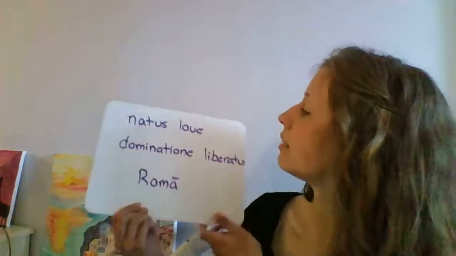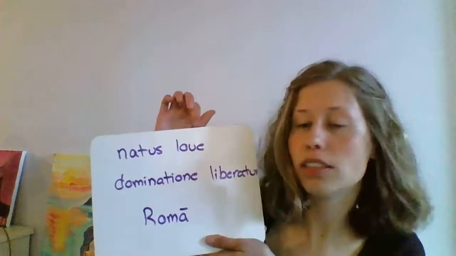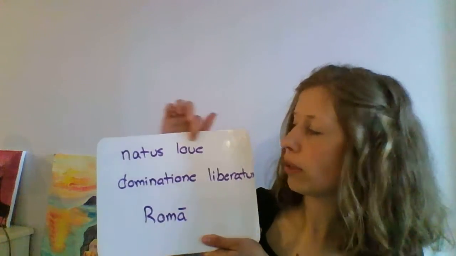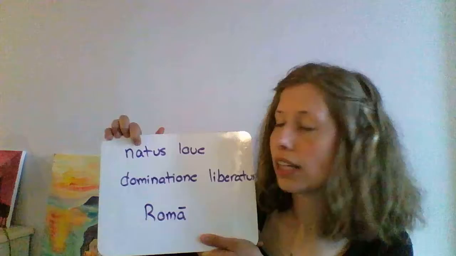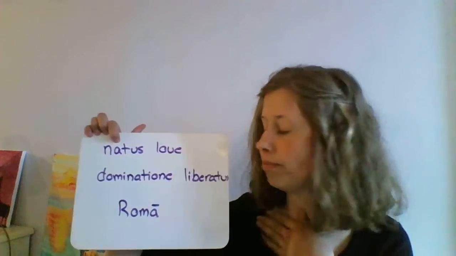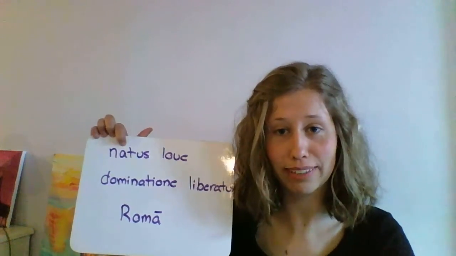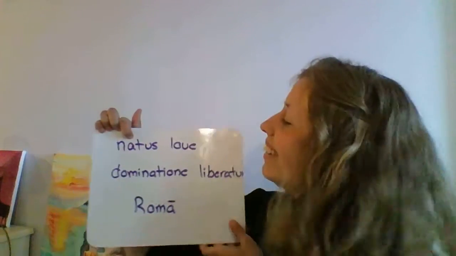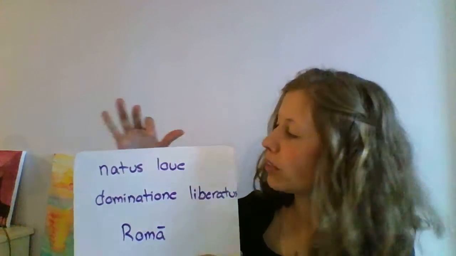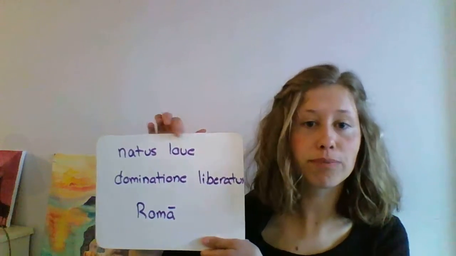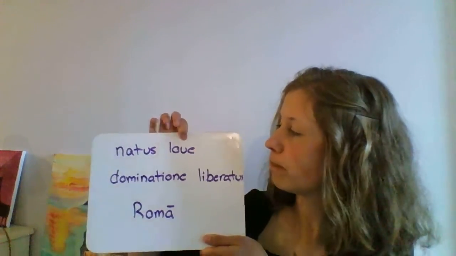So for instance, we have natus Ioe. Remember, Ioe is a form of Jupiter. So natus means having been born, and you are born from someone, in this case, Jupiter. So having been born from Jupiter.